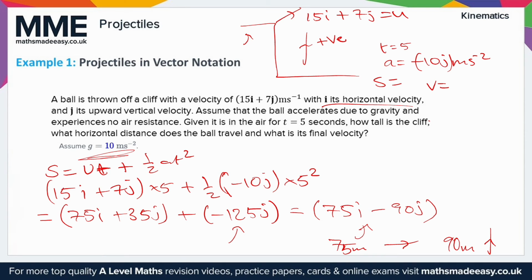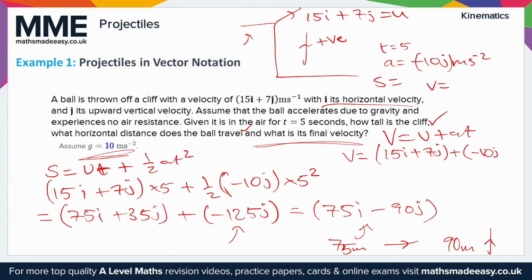Okay, so we've done the horizontal distance. We just need the final velocity. So what I'm going to use is v equals u plus at. Sub in what we know. So v equals 15i plus 7j, plus minus 10j times 5.